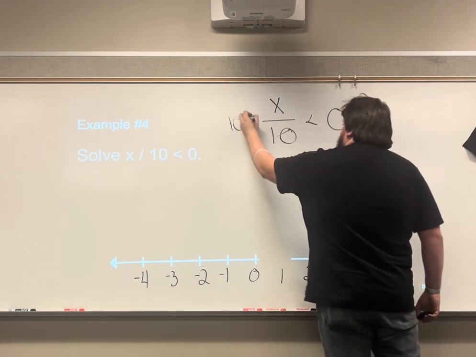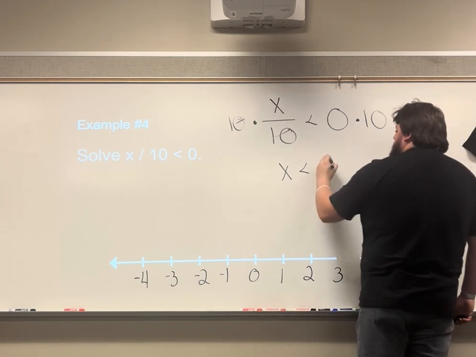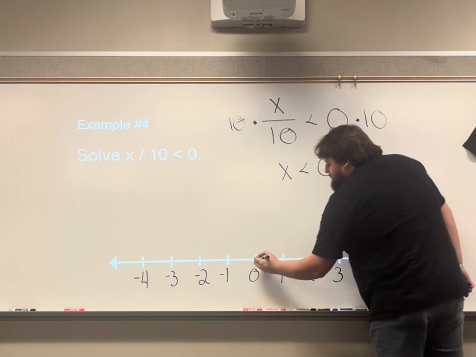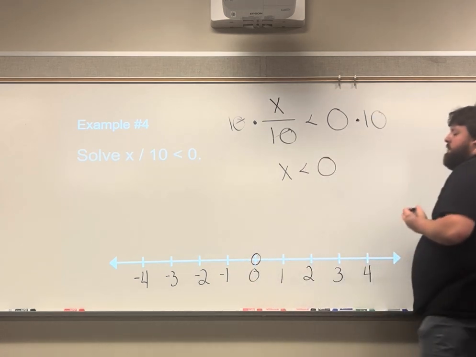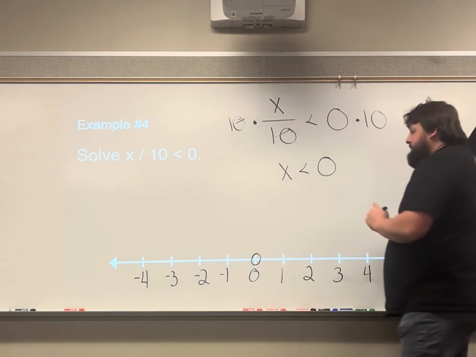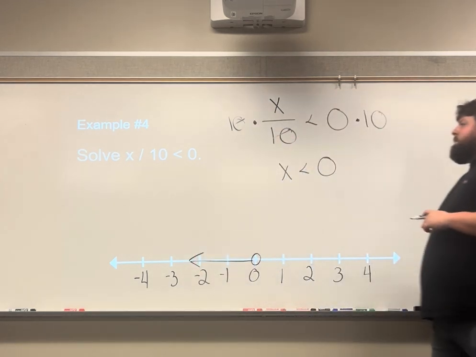That gives me x is less than 0 times 10, which is still 0. So I'm going to have an open circle on 0. How fitting, 0 is an open circle. And since I'm pointing at the letter, I'm going to the left.